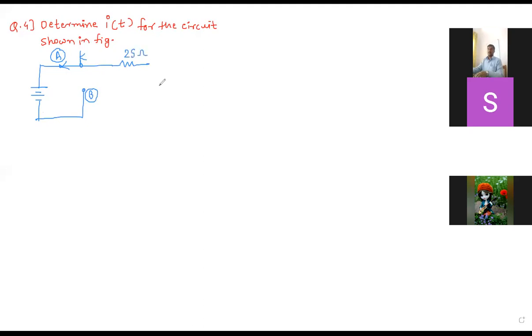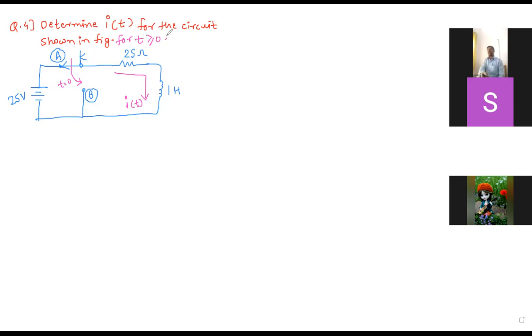This is 25 ohm, and there is an inductor of 1 Henry, and the power supply voltage source is 25 volt. The switch is moving from position A to position B at time t equal to 0, and they are asking to find out i of t for time t greater than or equal to 0.